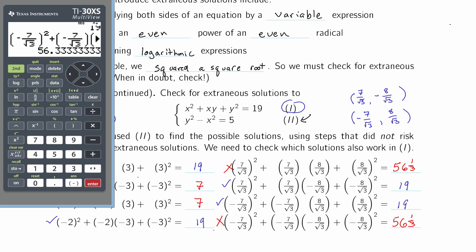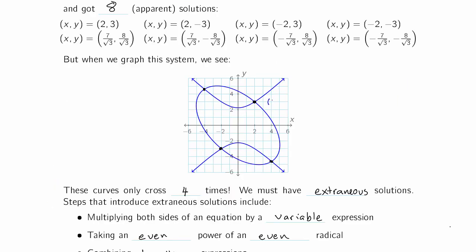So those seem to correspond to what we actually saw in the graph. Right, here's 2, 3, and negative 2, negative 3. And then this point, yeah, that's plausibly negative 7 over root 3, positive 8 over root 3. Right, that's plausible.